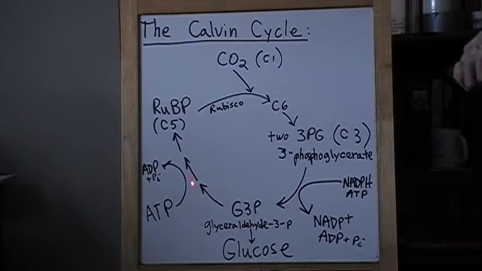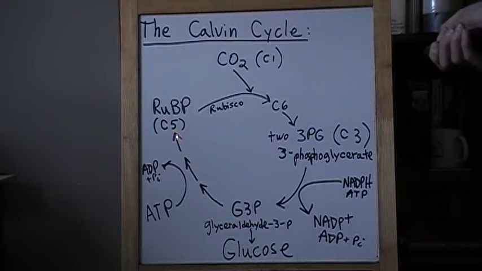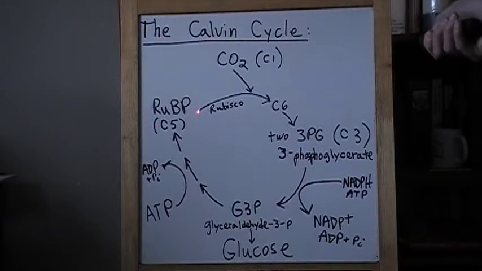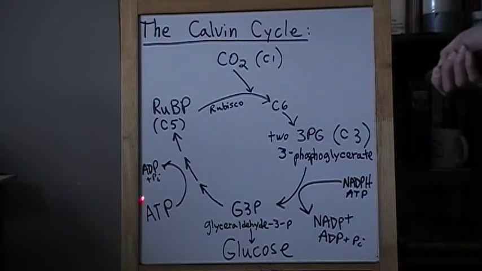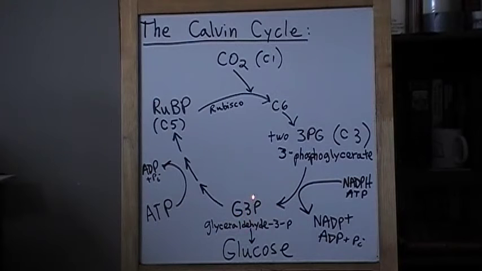And then the rest of the cycle is simply to regenerate the ribulose bisphosphate, and that requires energy in the form of ATP. You may wonder, well, how do you get the carbon to regenerate this if you're using it all up to make glucose?